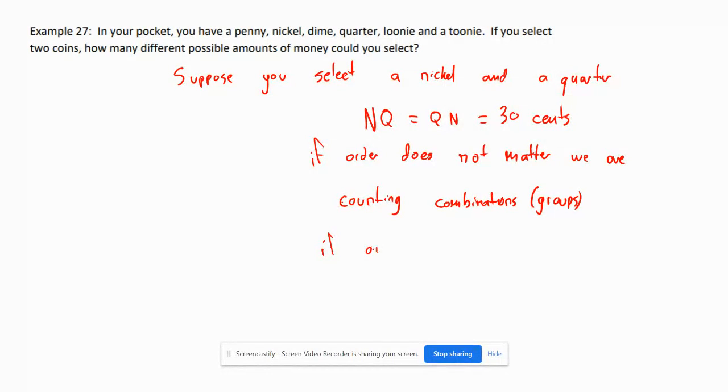If order does matter, we are counting permutations. And permutations are arrangements.